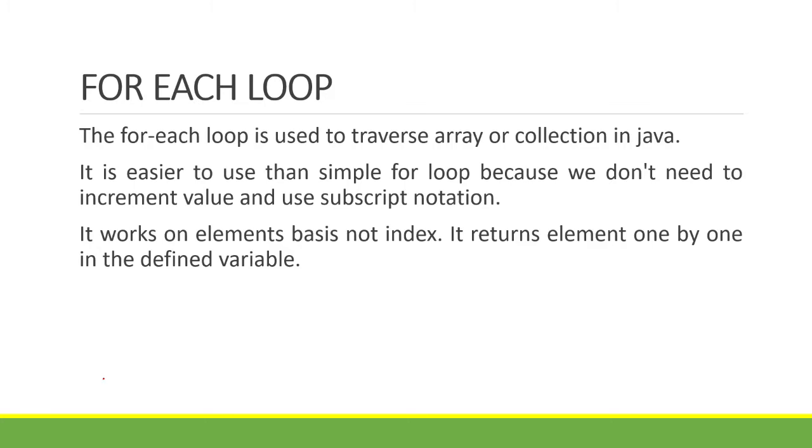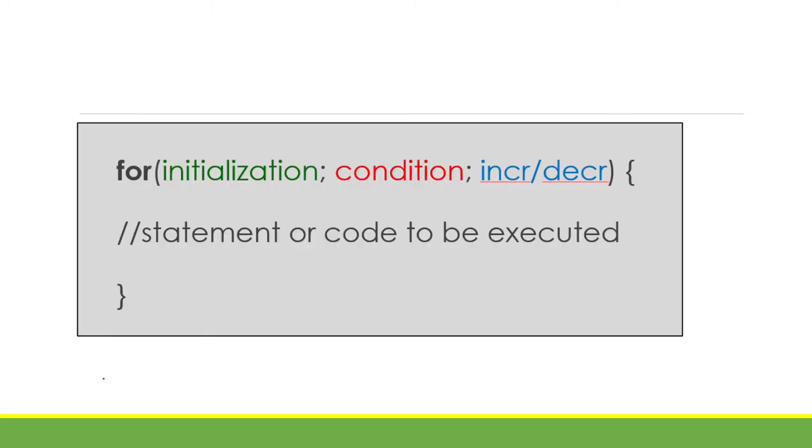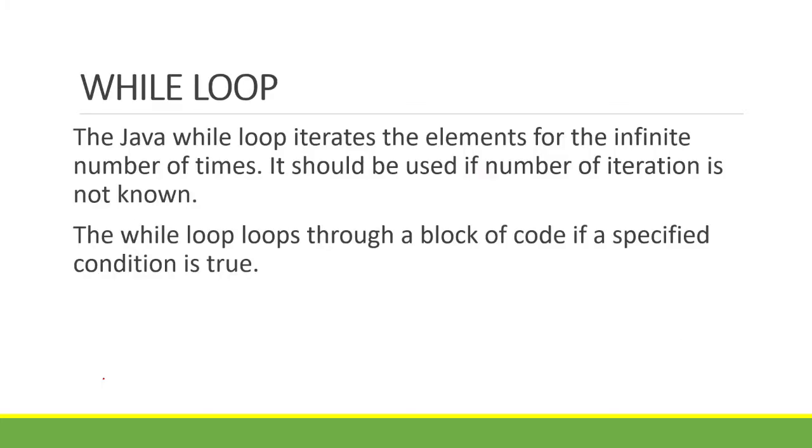Well, it works on elements, basis, not index, and it returns element one by one in a defined variable po. So, paano po ba siya nagwo-work? Again, there is a syntax. So, initialization, condition, and then nag-i-increment po.